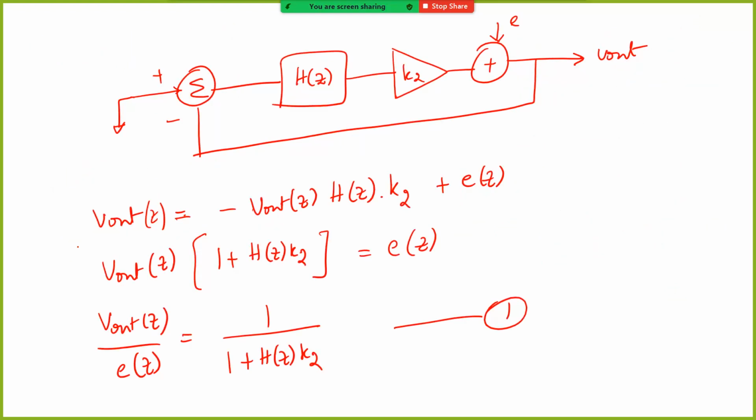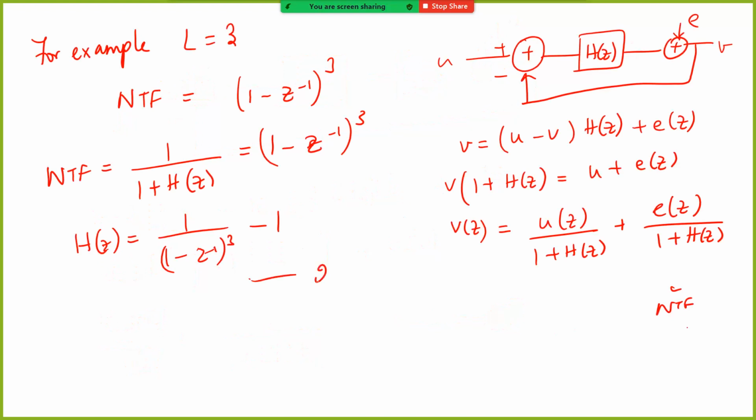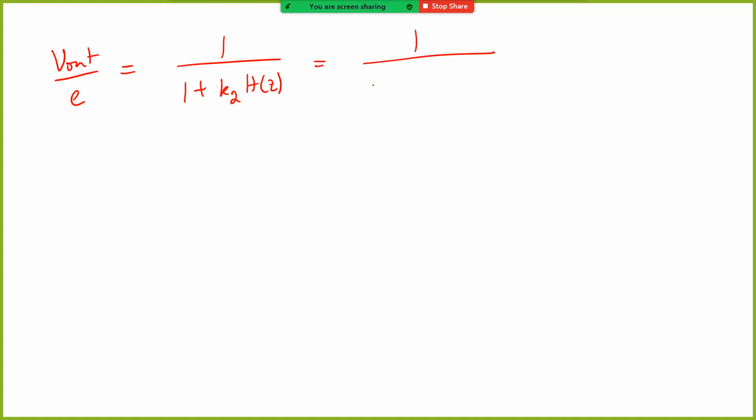Okay, so let us plug it in. Plugging in 2 into 1, what will you get? So V out by E can be written as 1 by 1 plus K2 times H of Z, and basically you will have 1 by 1 plus K2 times 1 by 1 minus Z inverse the whole cube minus 1.